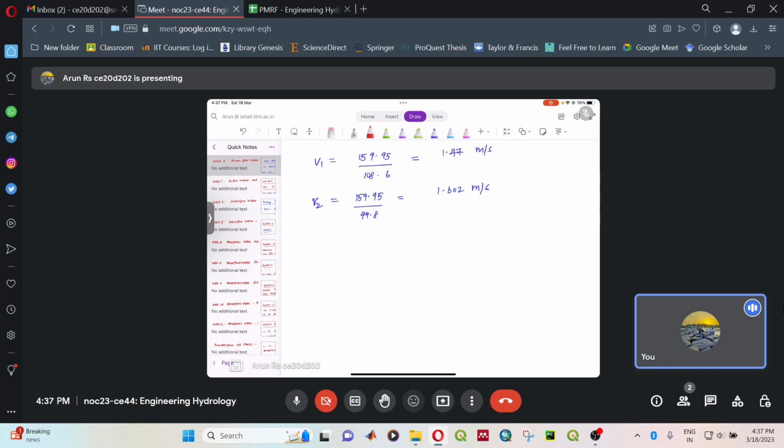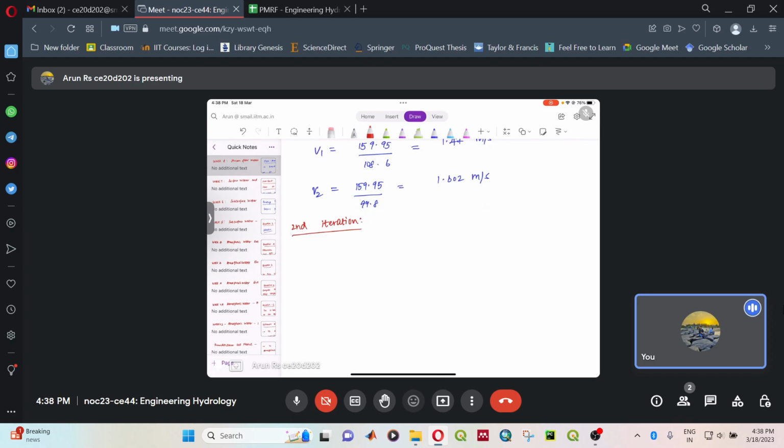In the next iteration, we'll be using these two velocities instead of assuming V1 is equal to V2. So we move on to the second iteration.